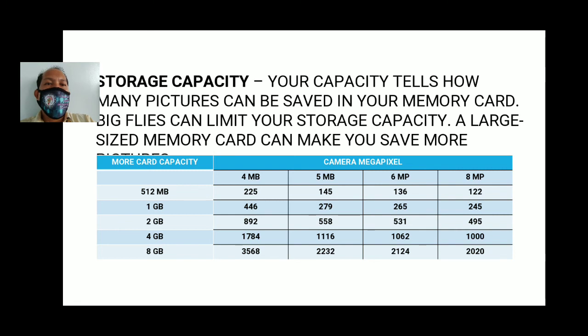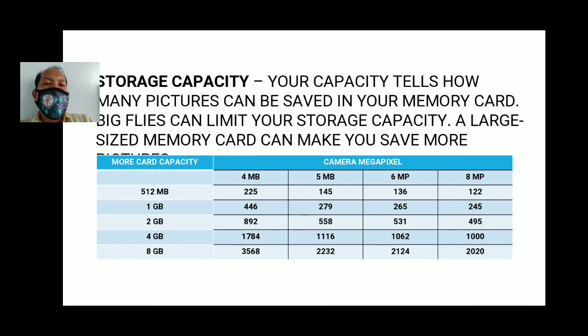How about the storage capacity of megapixels? Your capacity tells how many pictures can be saved in your memory card. Big files can limit your storage capacity. A large size memory card can make you save more.